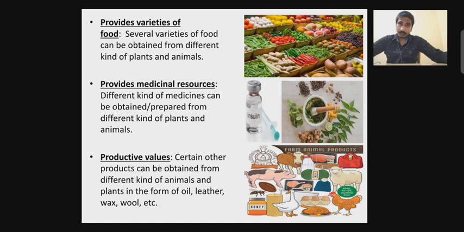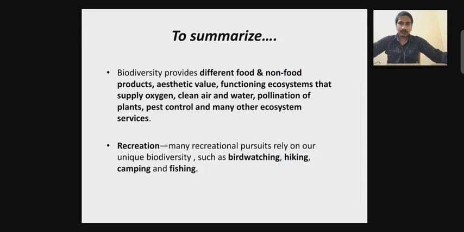So had there been no biodiversity, it would not be possible. To summarize, biodiversity provides different food and non-food products, aesthetic value, functioning ecosystem that supplies oxygen, clean air and water, pollination of plants, pest control, and many other ecosystem services.